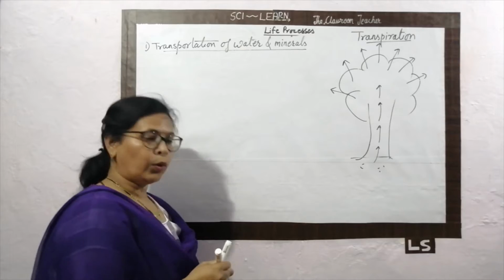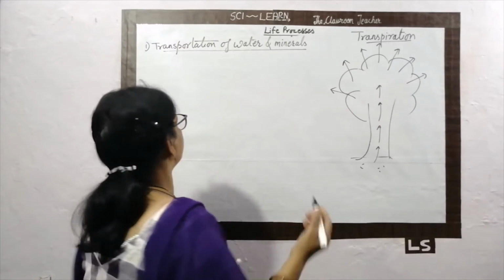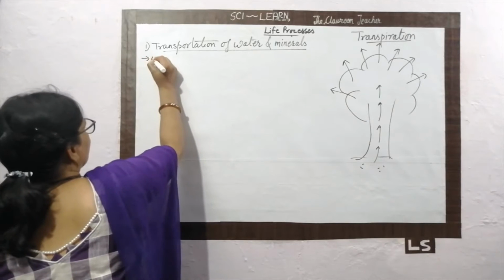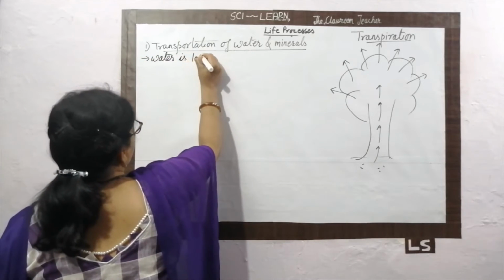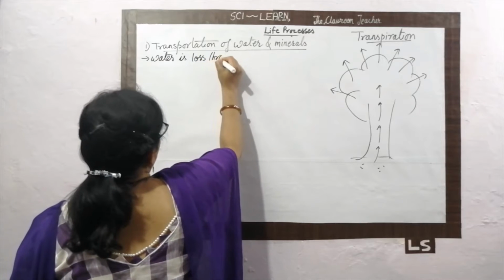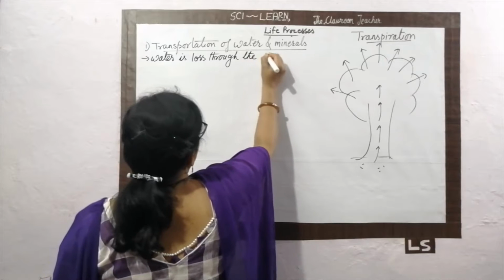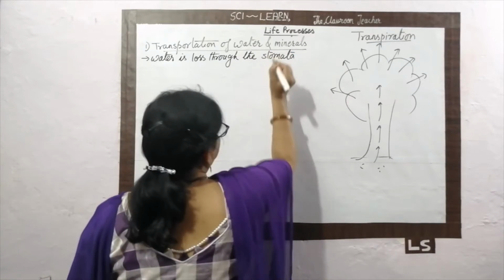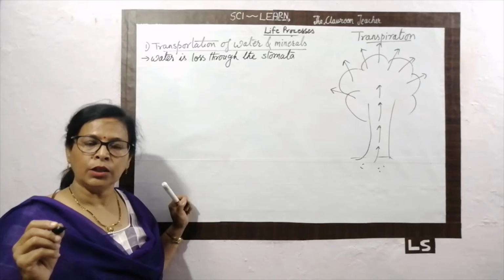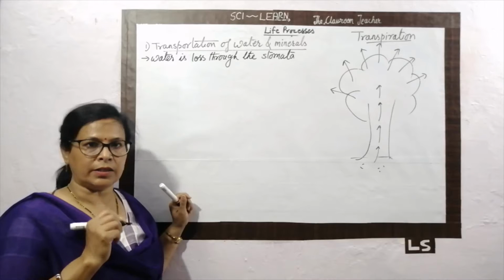What happens in this process? Water is lost through the stomata. When the stomata open, the water is released out. This water is present actually in the xylem vessels.